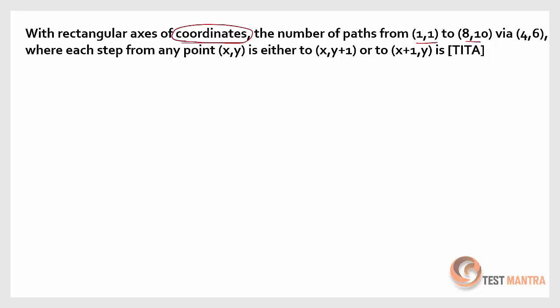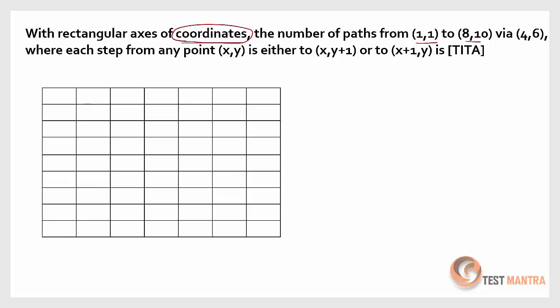Now I can represent this in terms of units. That means either I'm moving 1 unit towards the x-axis, or 1 unit towards the y-axis, but I'm not moving diagonally here. So if we take the basic representation, let's say this point is 1,1, this is 1 unit here. I can say this is 2,1, 3,1, this is 4,1.